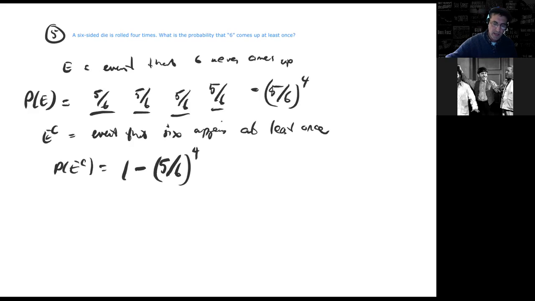Okay, so that's about 0.517, which is a little more than half the time you could expect 6 to appear.